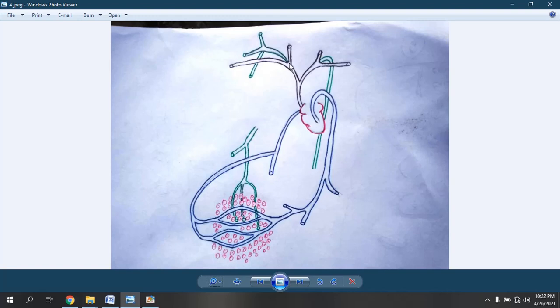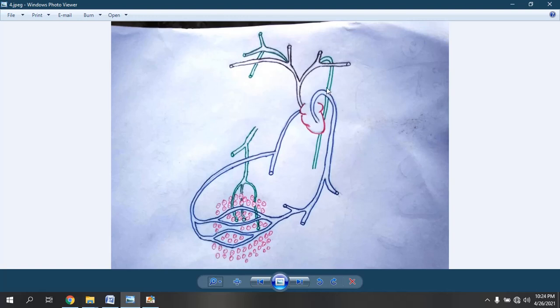You should know that where the right brachiocephalic and the left brachiocephalic veins bifurcate into the internal jugular vein and subclavian vein, at these bifurcation points, the lymphatic system drains the lymph into the venous system.